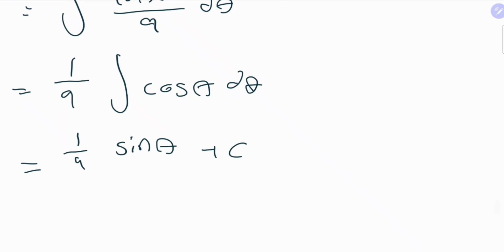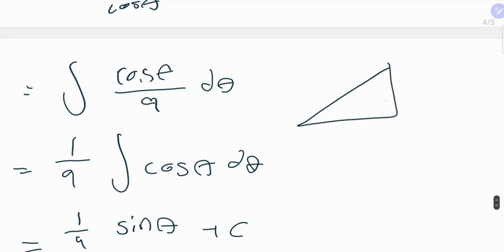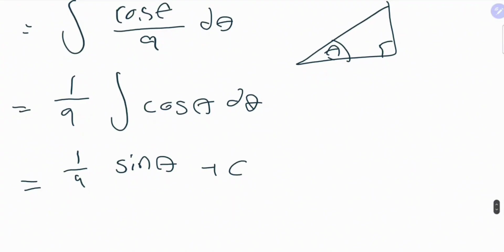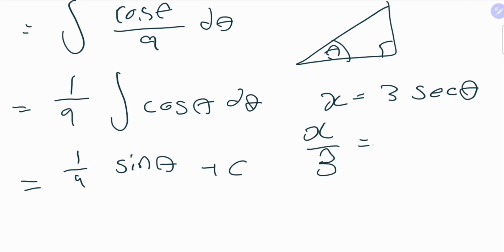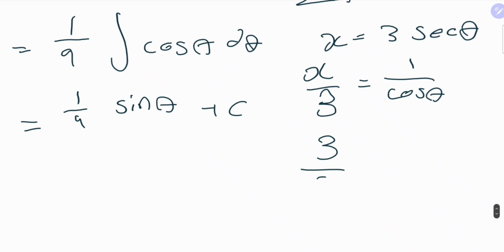So we can do the right angle triangle again, and we do x equals 3 secant theta, because that was our sub for x in the beginning. So x over 3 is equal to 1 over cosine theta, so 3 over x equals cosine theta.